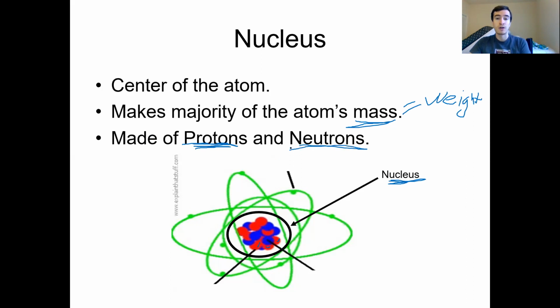And we've got our neutrons, which are the little blue guys. So the protons and the neutrons are together in the nucleus, and then those electrons are the little green guys that are all orbiting around on the outside. So we're going to go through these three different particles one by one, protons, neutrons, and electrons, and talk a little bit more about each one of them.